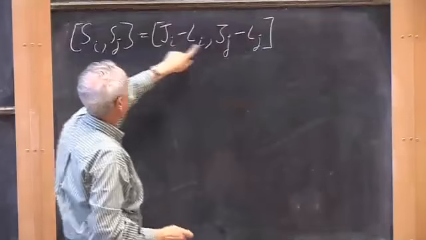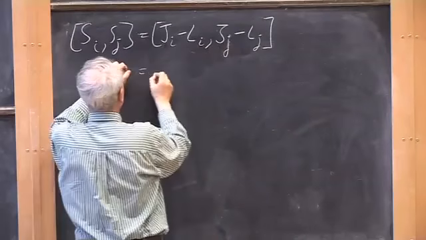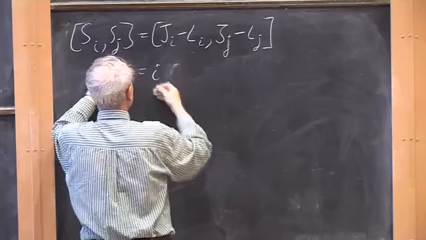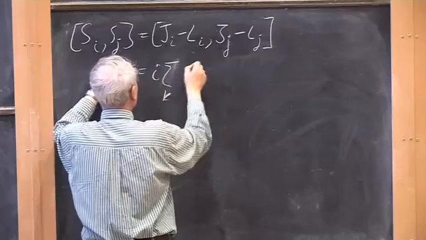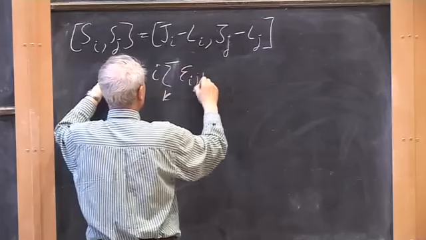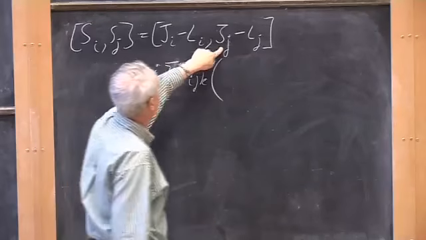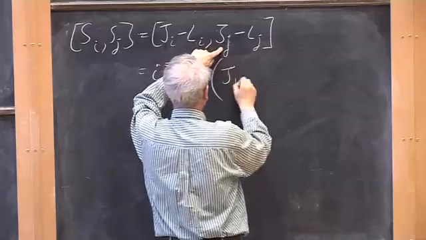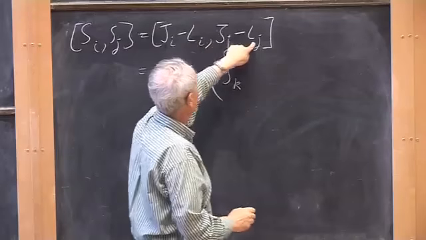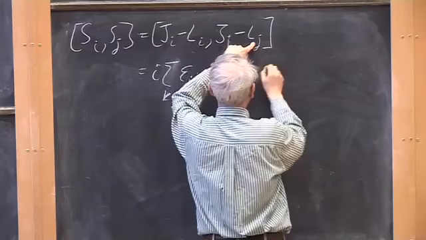We're going to get this commuting with this. So we're going to get i summed over k, epsilon ijk. This commuting with this will produce a Jk. This commuting with this will produce an Lk.